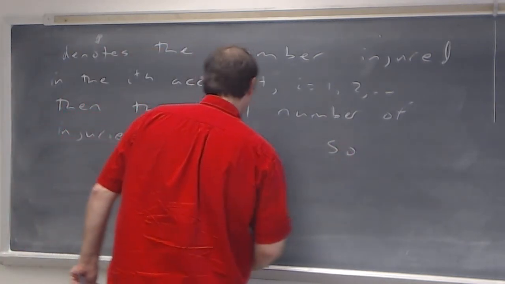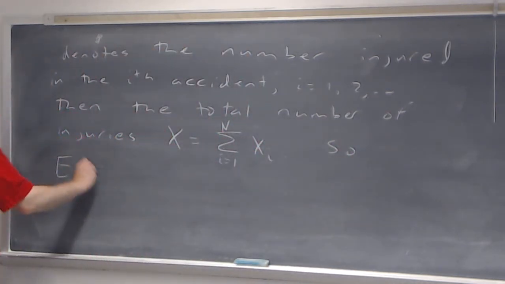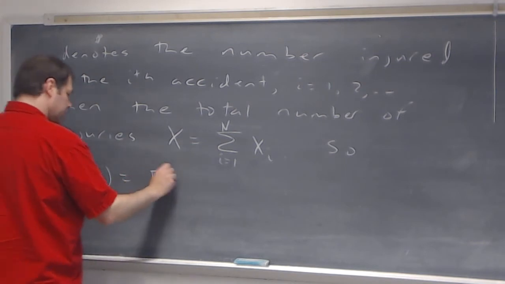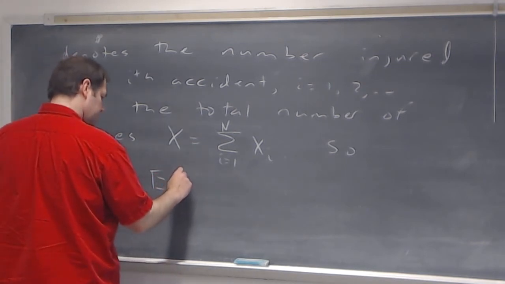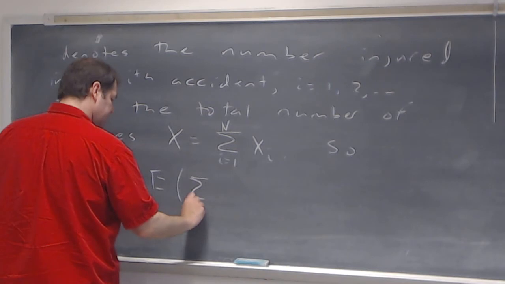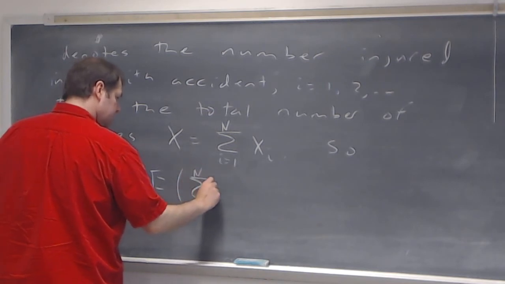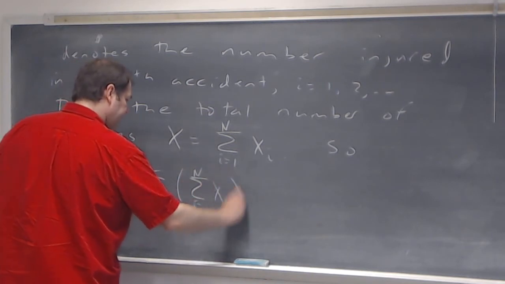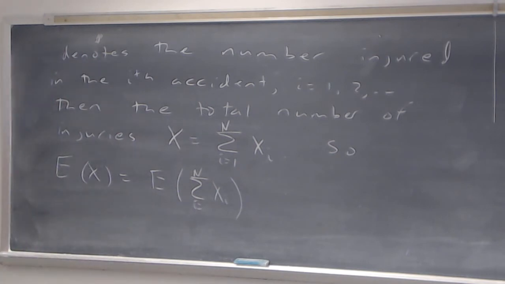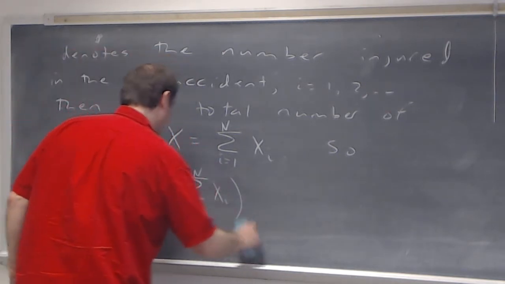So, what we're looking for is the expected value of X, which is the expected value of the sum, which we can find by doing conditional expected value. Let me back up.